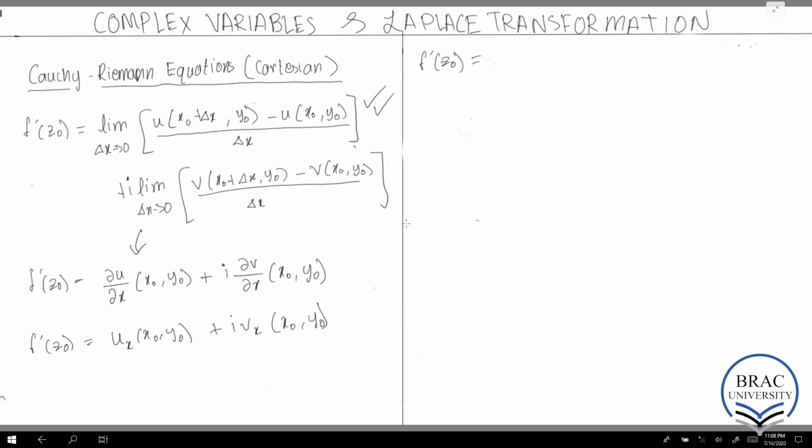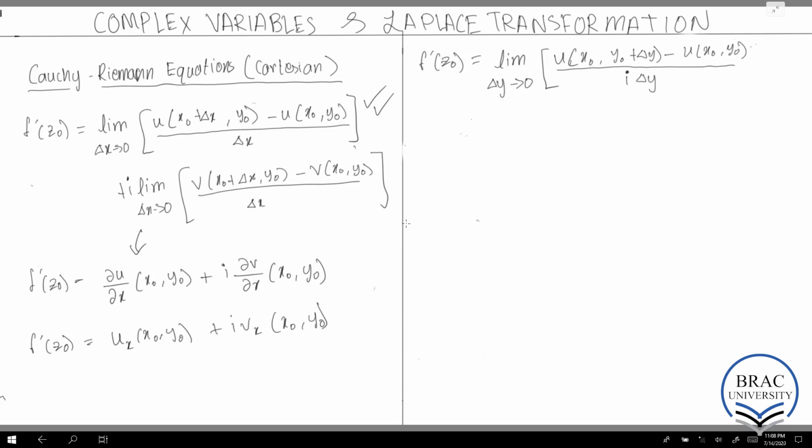If we approach the limit vertically, the limit as delta y tends to 0, we have in similar fashion u of x naught, comma y naught plus delta y, minus u of x naught, comma y naught, divided by i delta y.